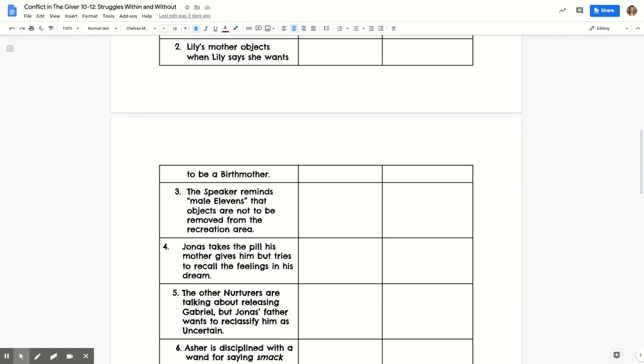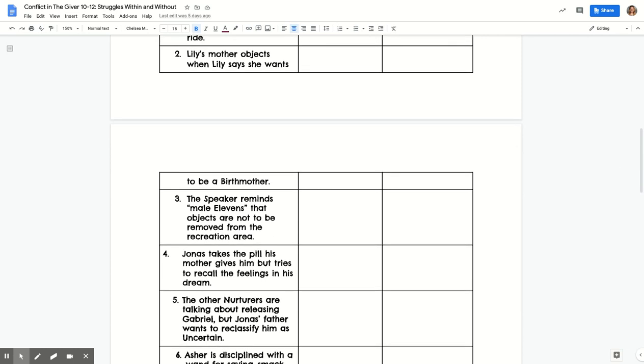Number 2: Lily's mother objects when Lily says she wants to be a birth mother. So again, what are the people or forces in conflict here? And then is it internal or external conflict in the third column?